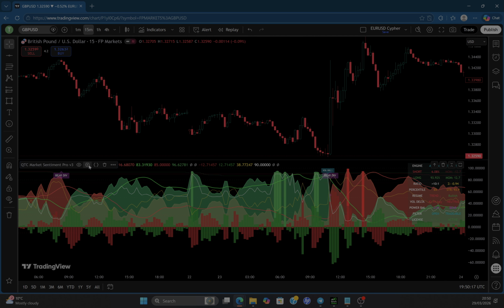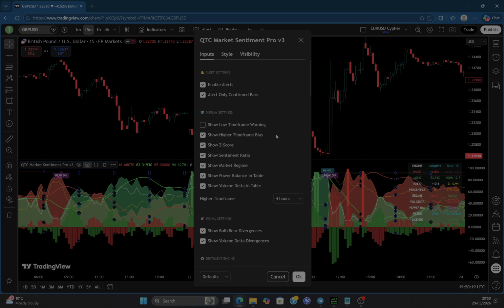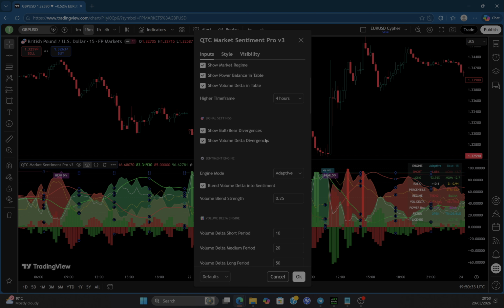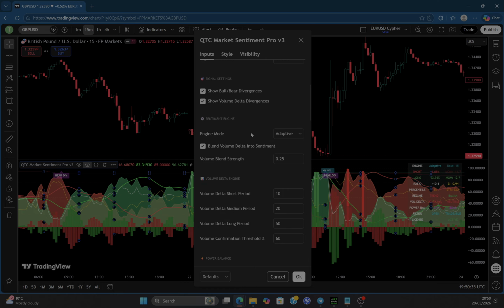In the settings, now you have alerts enabled based on the confirmed close bars, or at the maximum levels. The indicator comes in 4 modes. First one is adaptive, where the indicator adapts itself to the market condition and the sentiment data.